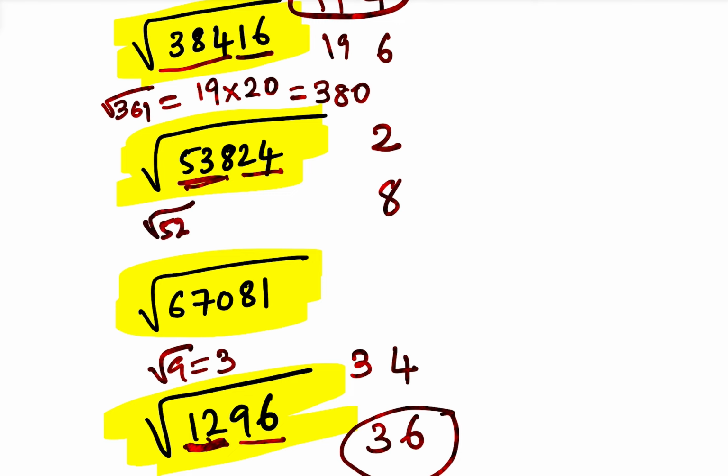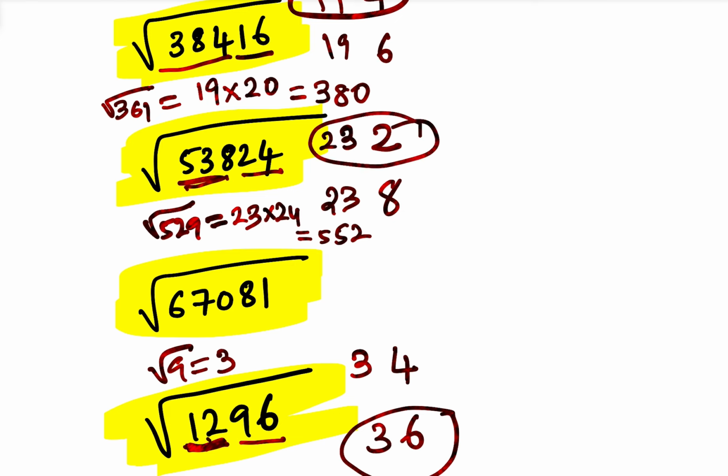Root 529 is 23. So the answer can be 232 or 238. Now I have to confirm. What is the number after 23? 24. Now you have to find 23 times 24, which is 552. Now is 538 less than 552 or more than 552? Less than. So go with the smaller number. So the answer for this is 232.